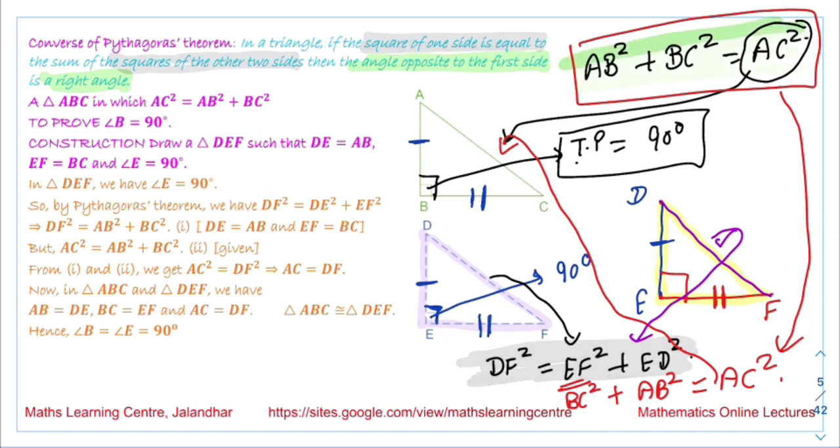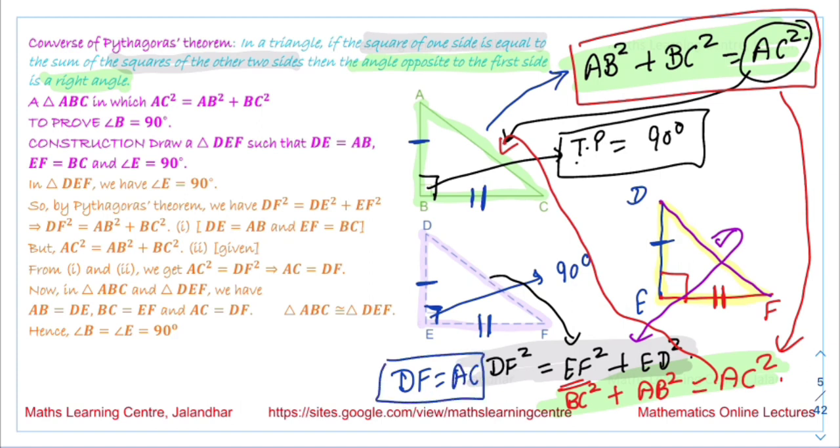This condition, AB square plus BC square is equal to AC square, comes from the fact that it is given to us that in the triangle ABC, the side AC satisfies this condition. So by combining these two results, we get that DF is equal to AC. That is, these two lengths are also equal.